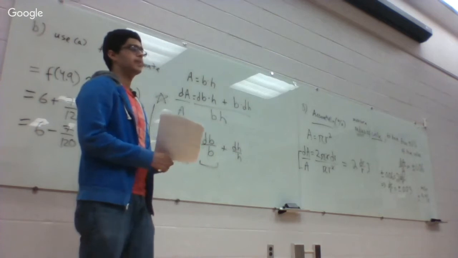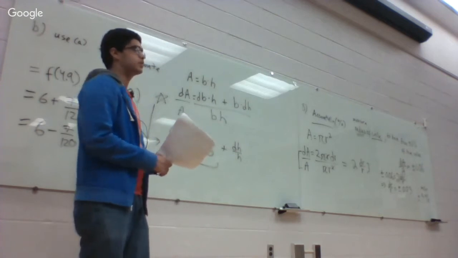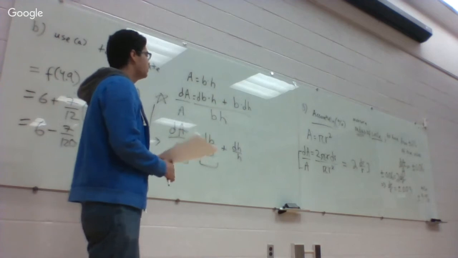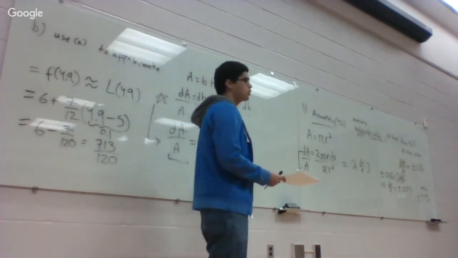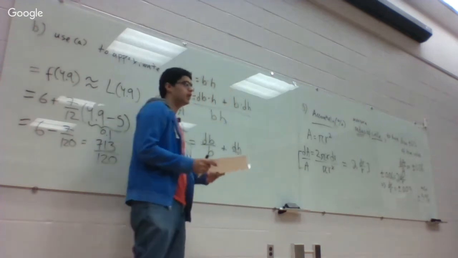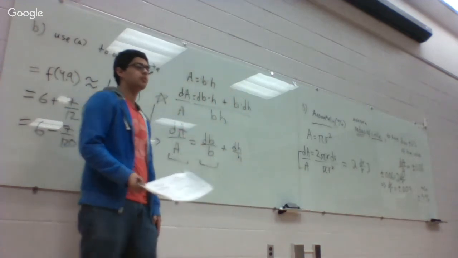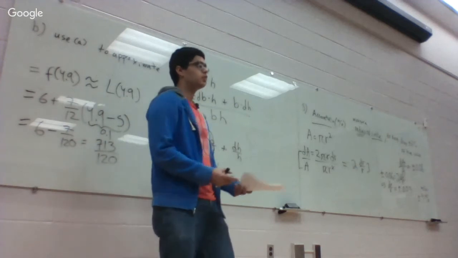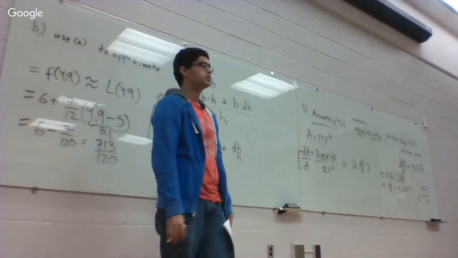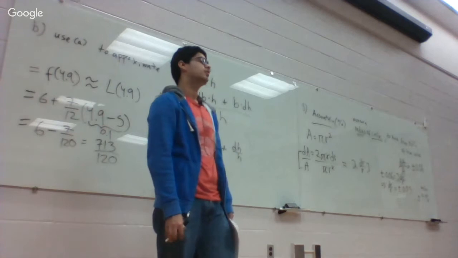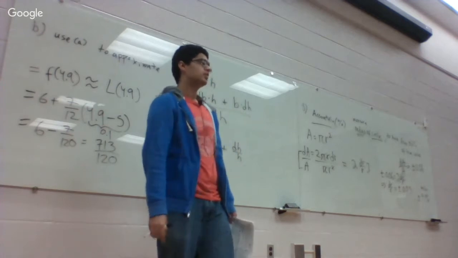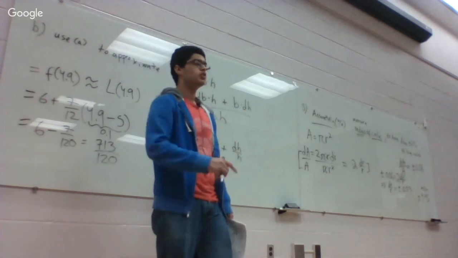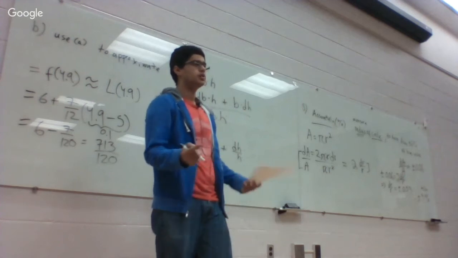Are they gonna give us the formulas, or do we need to know volume and surface area? So for area of a circle, they won't give you that. For like volume of a sphere, they'll probably give you that, but that's 4/3 pi r cubed. The surface area of a sphere is 4 pi r squared.